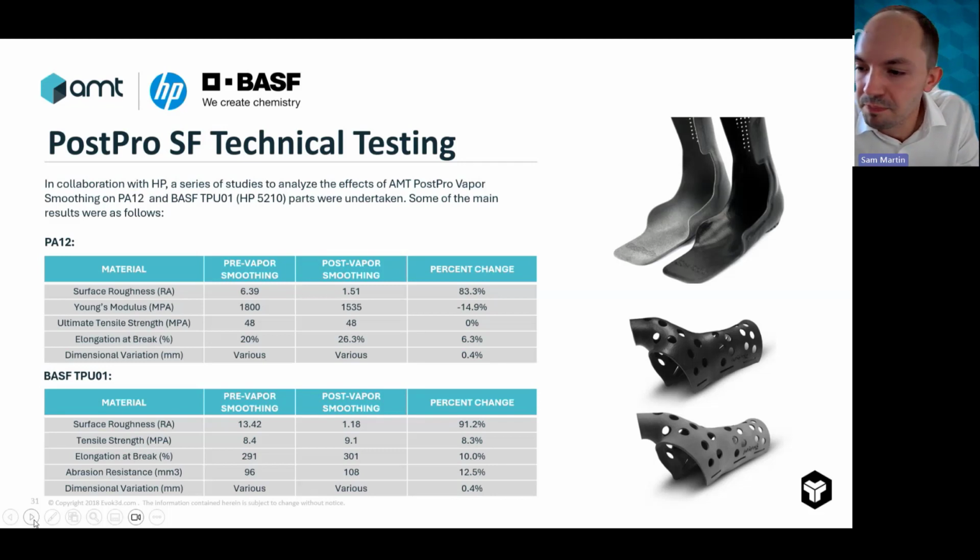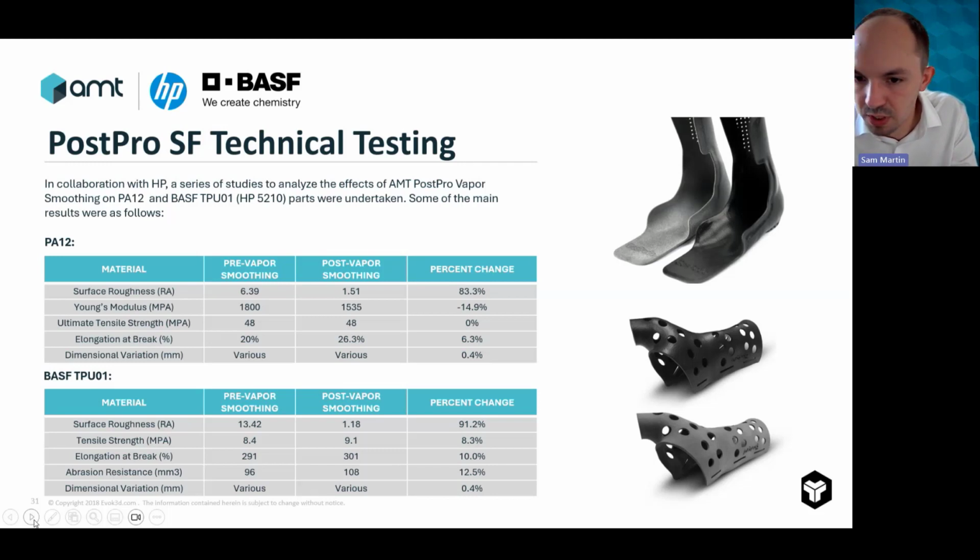This one was focused on PA12 and TPU parts, specifically BASF TPU. We did a series of tests using dog bones, standard test parts, and these were all done in accordance with the relevant ISO test. It's important to note that with all this testing, there were no additional processing or pre-processing steps. All that happened was the part was printed, unpacked, depowdered and smoothed.